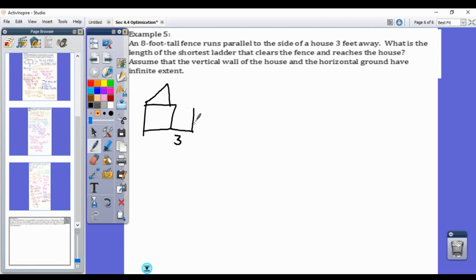I guess I shouldn't have made it be that tall, because what we essentially want to do is make this look like 2 triangles. Okay, so it's a little bad picture. So here's my fence. Let me try to color code this a little bit better. Here's my fence, and my fence is 8 feet tall.